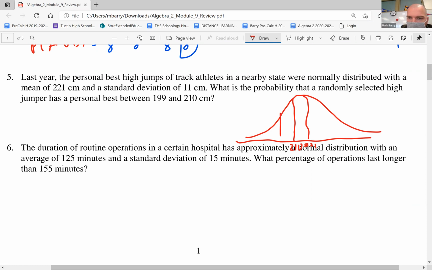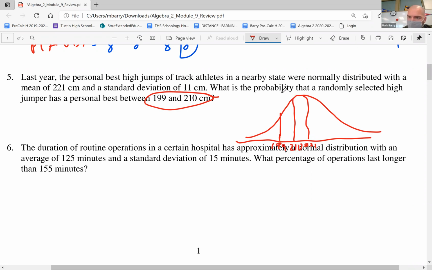And if I do it again, that would be 199. Now I could do this to the right, but I'm not actually going to. And the reason I'm not going to is because this is the question, right? Is between 199 and 210. So I would just make sure I had those numbers, 199 and 210.